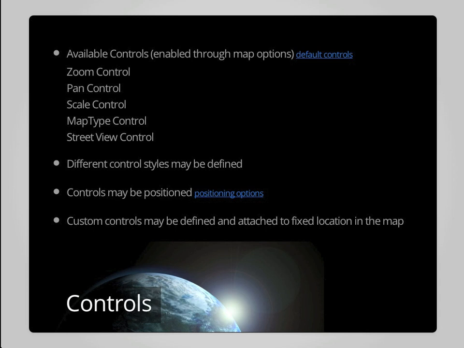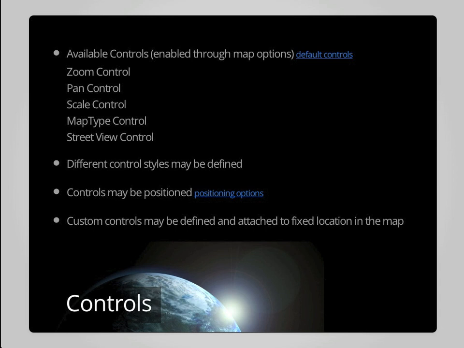Also, when you're creating a map object, you have a set of controls that you can enable or disable as a part of the process of creating your map object. And those controls allow you to present to the user capabilities to control the zoom level, so users can zoom in and out, adjusting that zoom level that you set as a default for the map object when it's created.